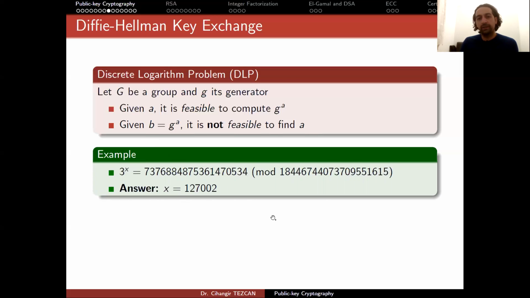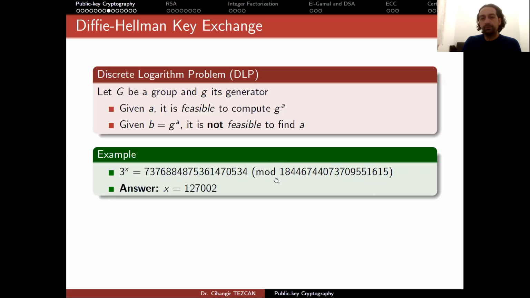In the worst case scenario, you can perform an exhaustive search or brute force attack, where you try every possible x starting from 1, take the power of 3, then perform the modulo operation and check if this result is obtained. If it is not, take the next power and so on. Of course, when the numbers are big, it will take a lot of time to perform this operation. So as you can see, the hardness actually comes from this modulo operation.